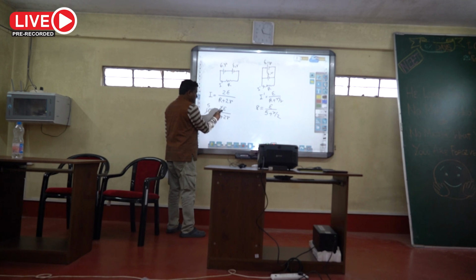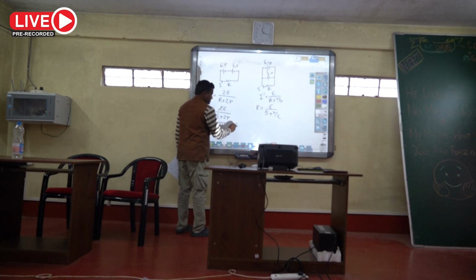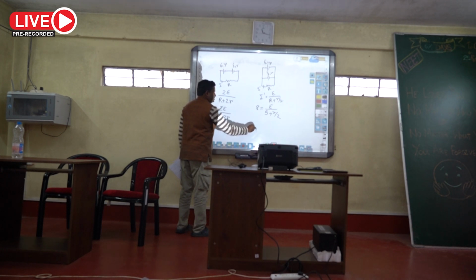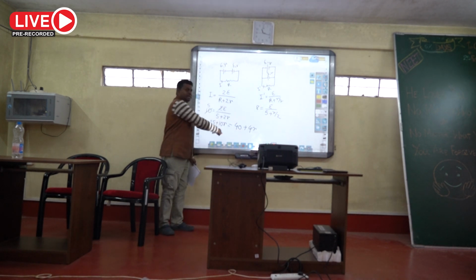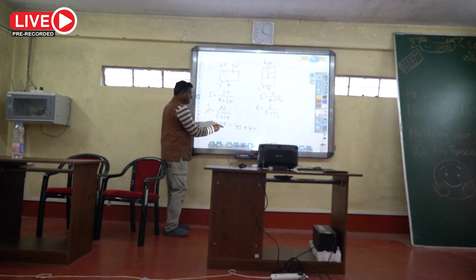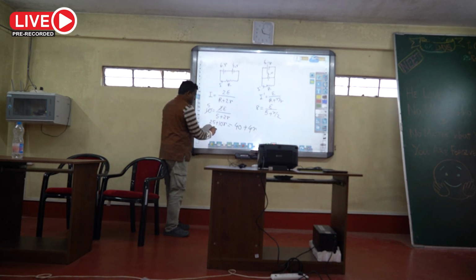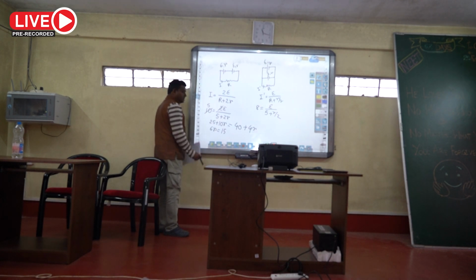Then we can write here E equal to 25 plus 10r. From this equation I can write E equal to 25 plus 10r, and from this equation I can also write E equal to 40 plus 8r by 2, means 4r. So both E I will equate. Then you can find that 6r equal to 40 minus 25, that is 15. Then r will be 2.5.